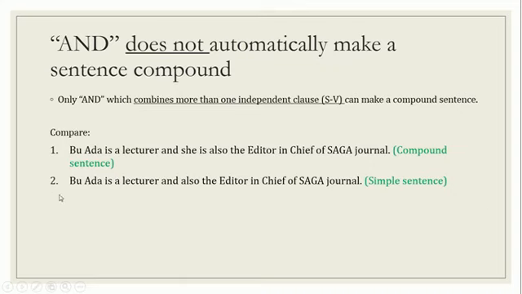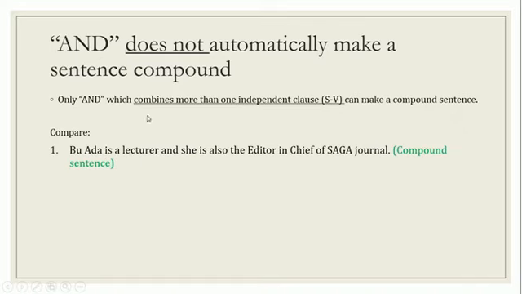Why? Because if you take a look here, you can identify how many finite verbs are there in this sentence. We have only one, that is. And the subject, we only have one, that is Bu Ada. That means that this sentence is a simple sentence.